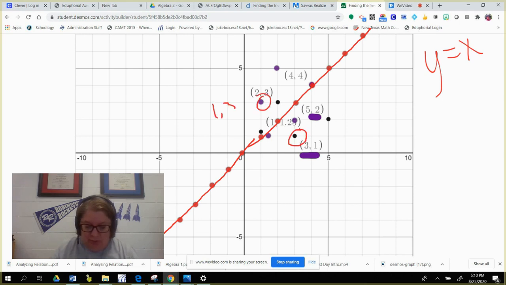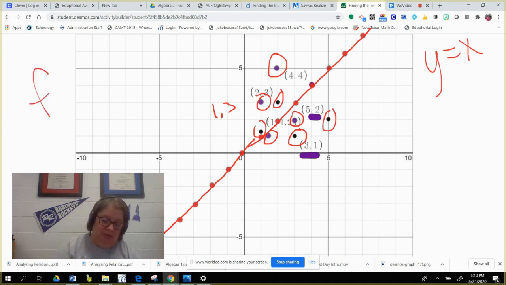Here is 1, 3. Here is 2, 5 right here. So this one and this one are mirror images across that line, right? This one goes with this one.